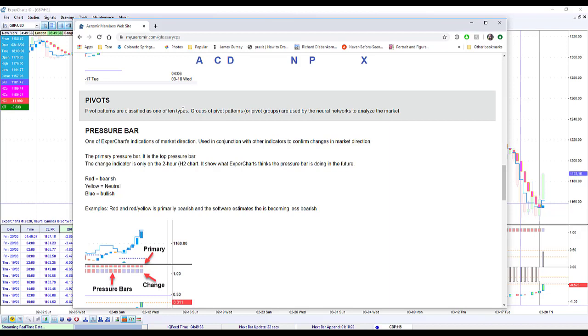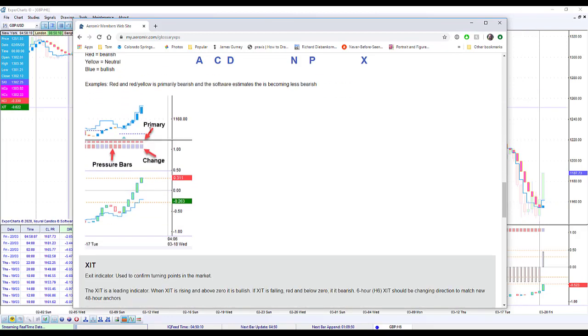Daniel uses groups of 4 pivots, so each turning point in the market has a different pattern, and he uses groups of the last 4 pivot numbers and creates a 4-digit pattern, and he has all kinds of statistics for that, and it's pretty detailed. But that's one of the underlying concepts of ExperCharts, these pivots. Now you don't see it in the software, but if I talk about pivots, that's what I'm talking about.